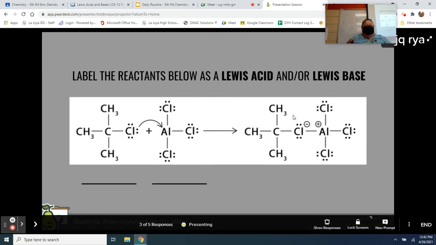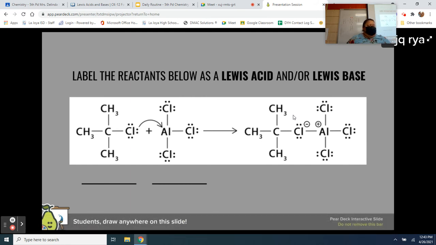Three out of five responses, that's great, but I should really have 5 out of 5. Where are my other 2 students? Even take a guess. It's a 50-50 chance of getting it right or getting it wrong. Just put LA or LB.